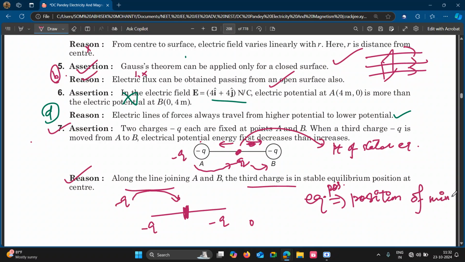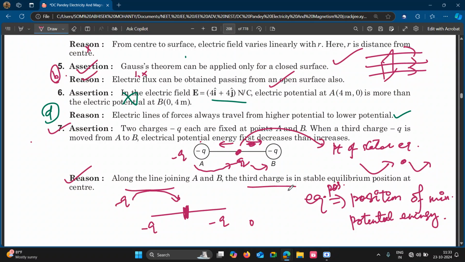Remember this. Very good question. So when it starts to move towards the equilibrium position, potential energy will decrease. But after it starts going away from the equilibrium position, the potential energy will start increasing. Okay, very good.